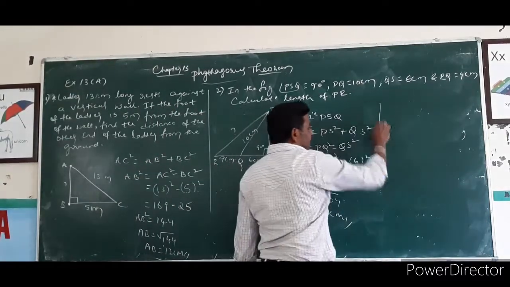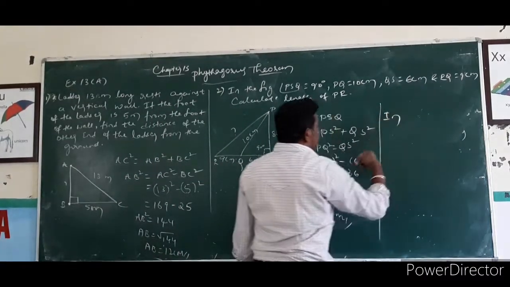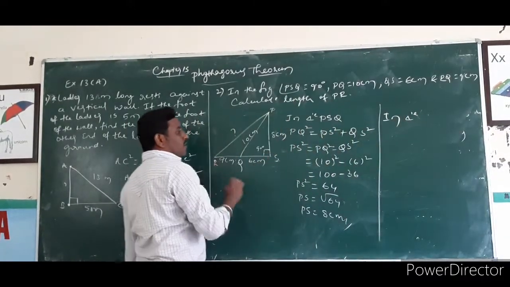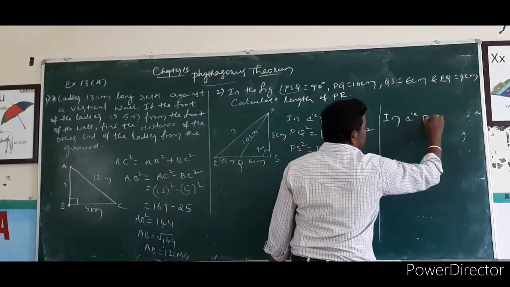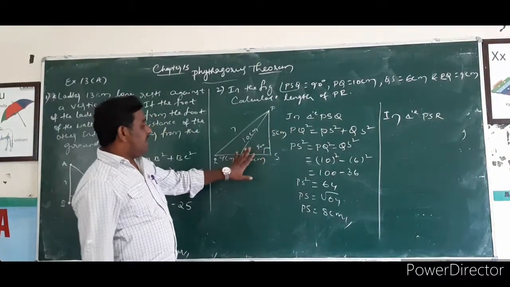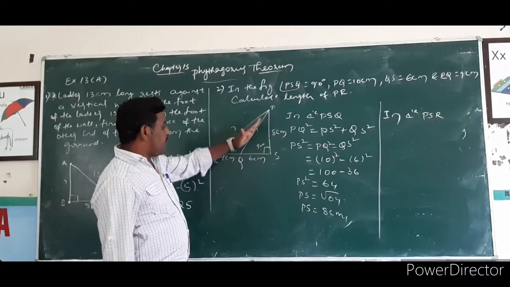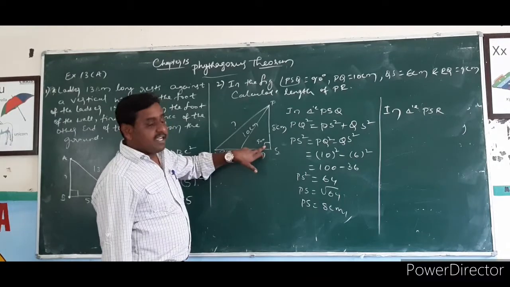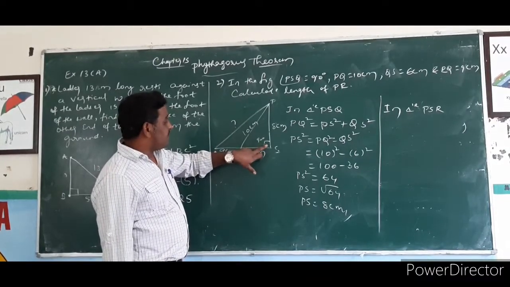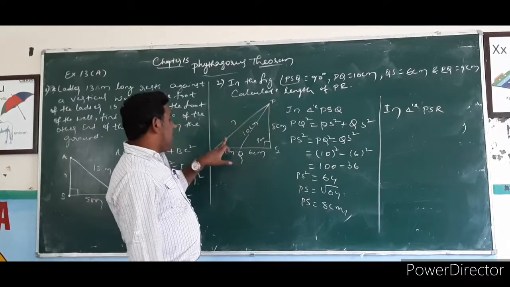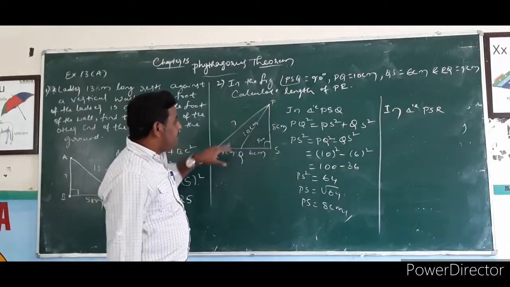So for the next triangle, you can consider triangle PSR. PSR is also a right angle triangle. For this triangle, if you apply Pythagoras theorem, 90 degree opposite side is hypotenuse. That is in PSR, the hypotenuse side is PR.